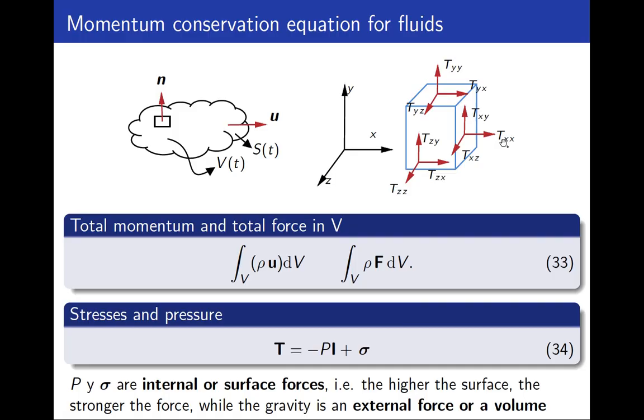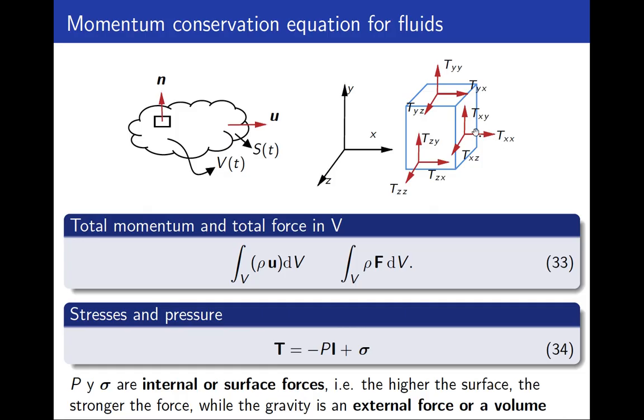You can see that we have the nine elements representative of the matrix, or the tensor, the total stress tensor. The first index is associated with the normal pointing out of this surface, and the second index means the direction of the force.